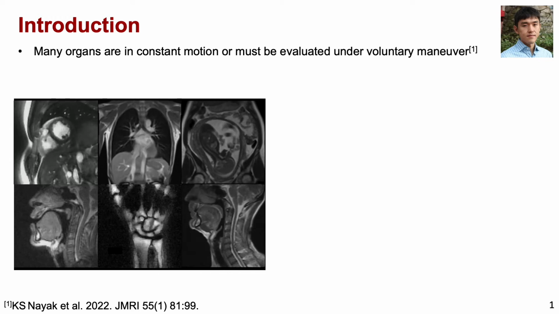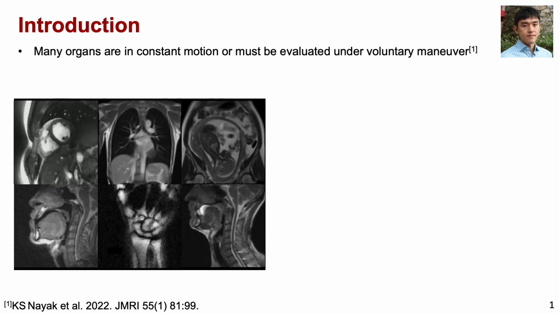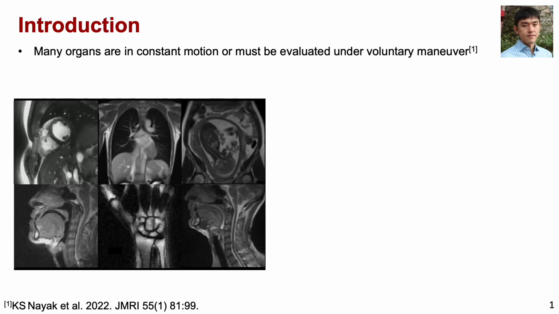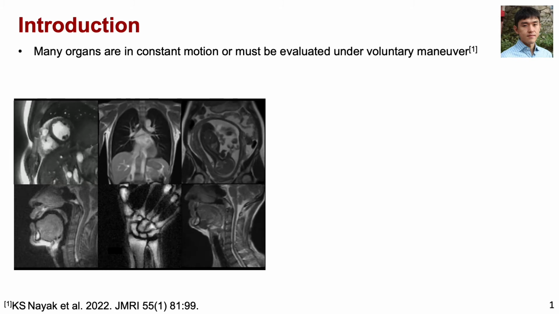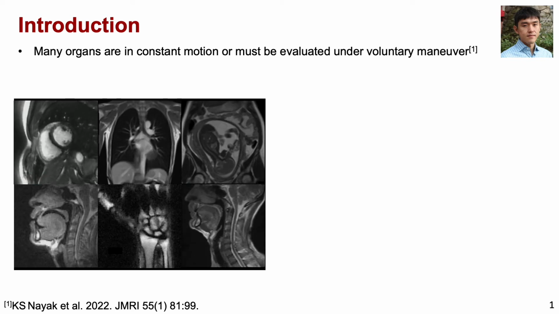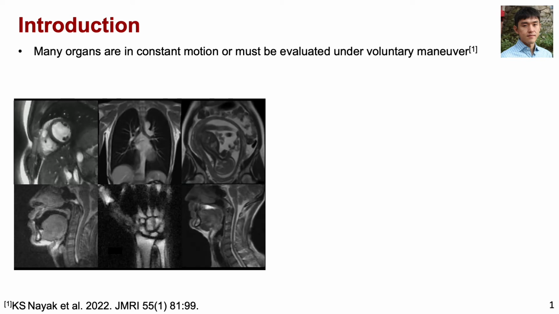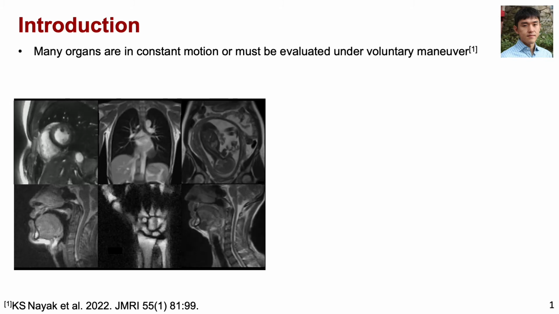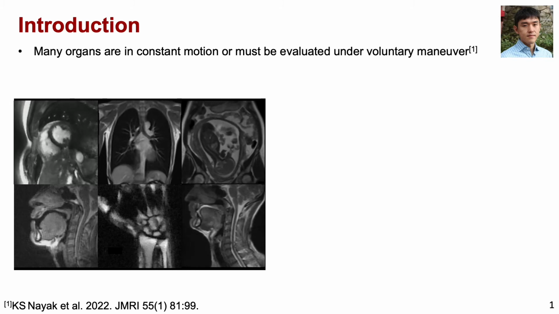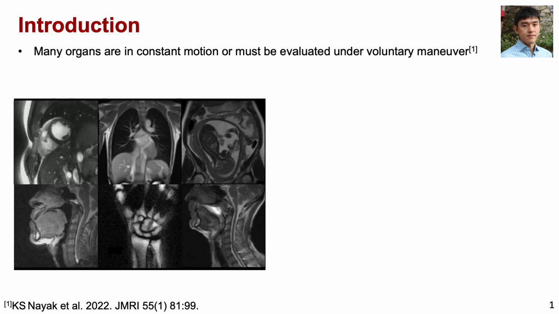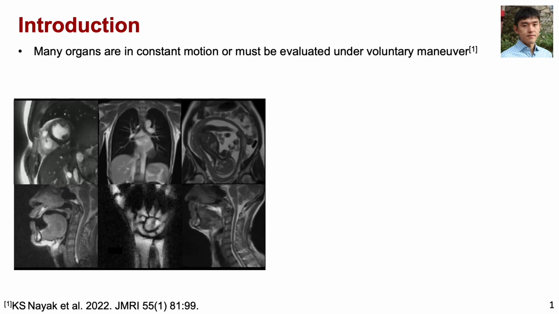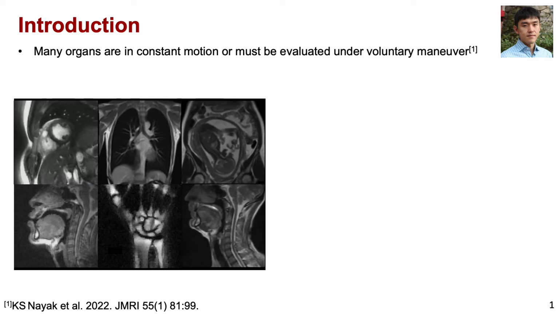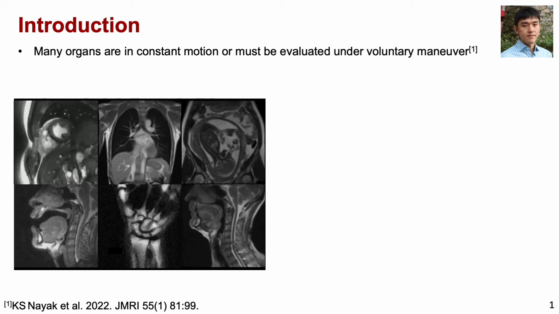The second reason we are interested in real-time MRI is that a lot of the organs of the human body are designed to move. In order to get any clinical information from these organs, we have to ask the subjects to perform some voluntary maneuvers to evaluate the conditions, such as the example shown here: speech, wrist movement, or swallowing.